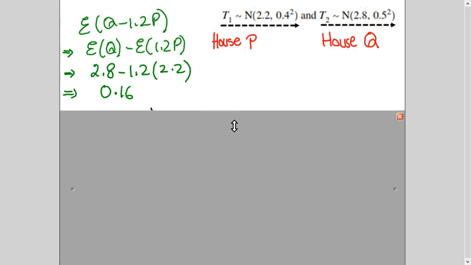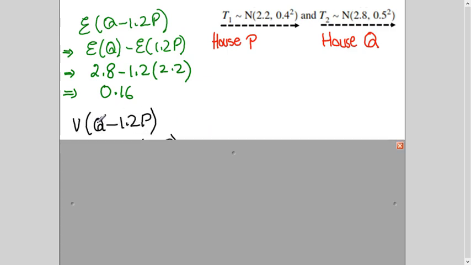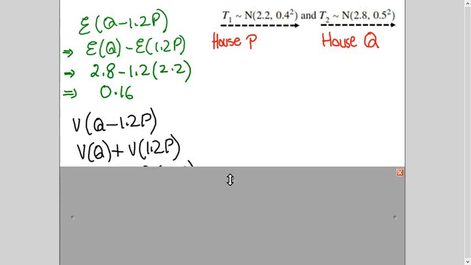Now let's find the variance. So now we will find the variance of this. I have just shown you in the recall slide. Variance of Q, and minus will become plus, variance of 1.2P. Now this is a multiplication case, so what else will you do?